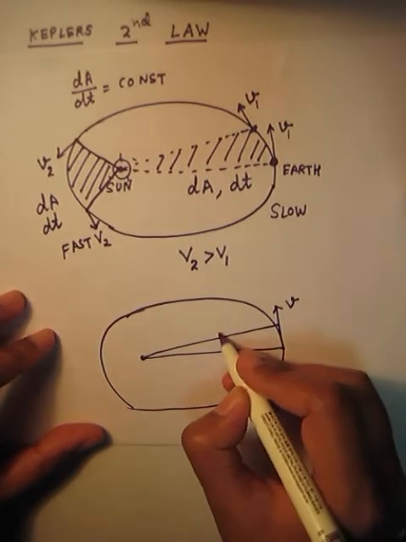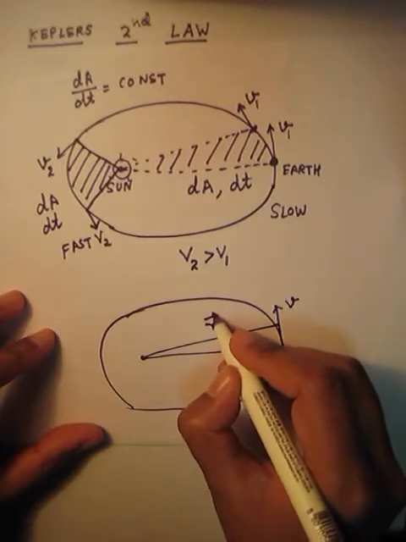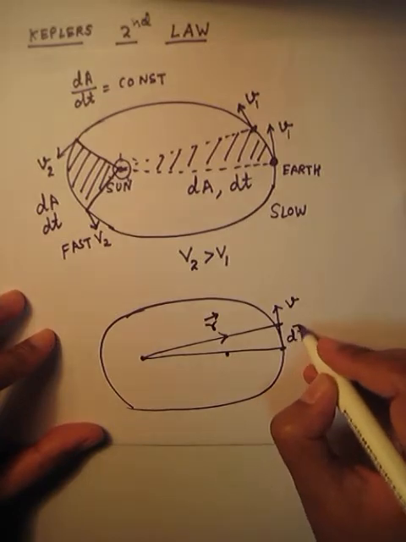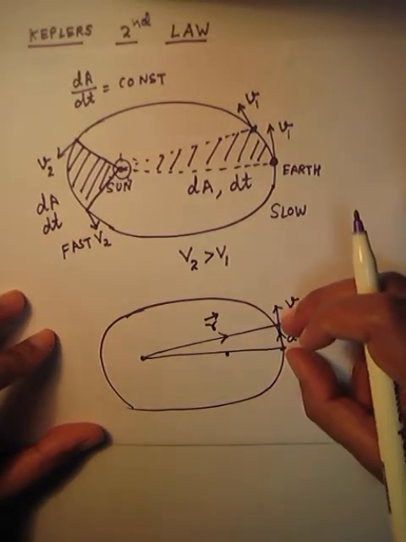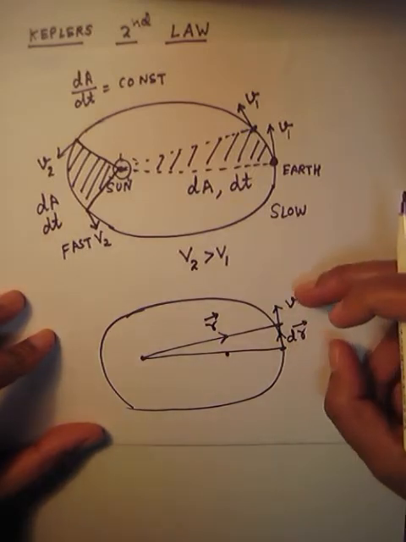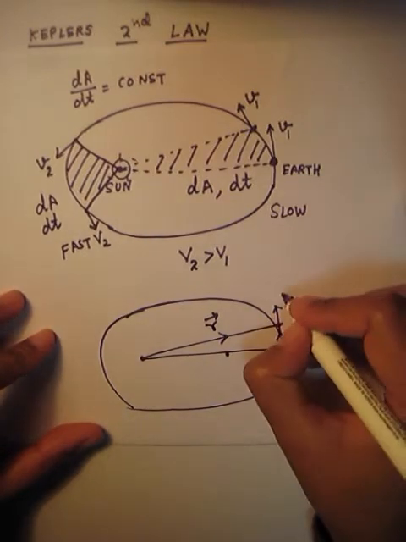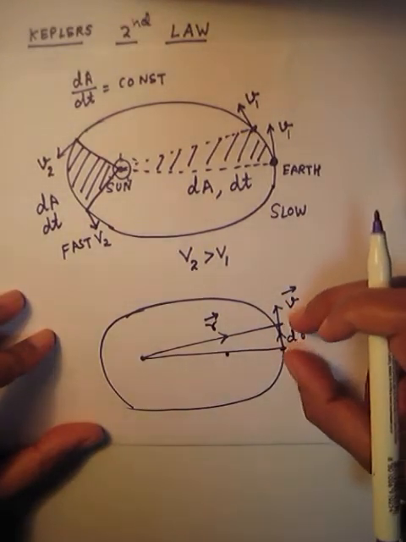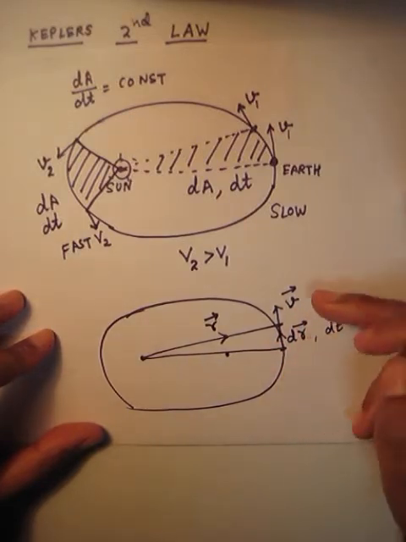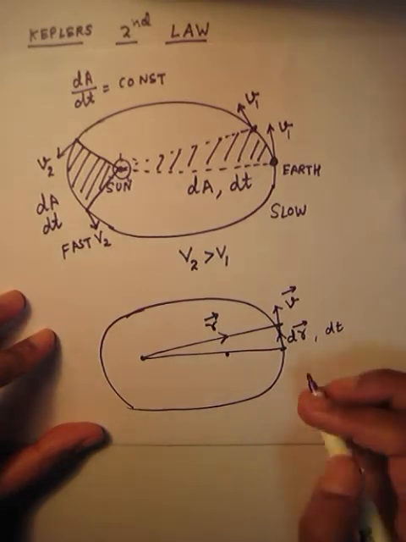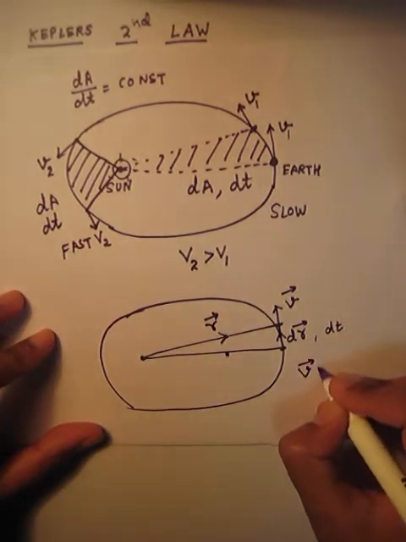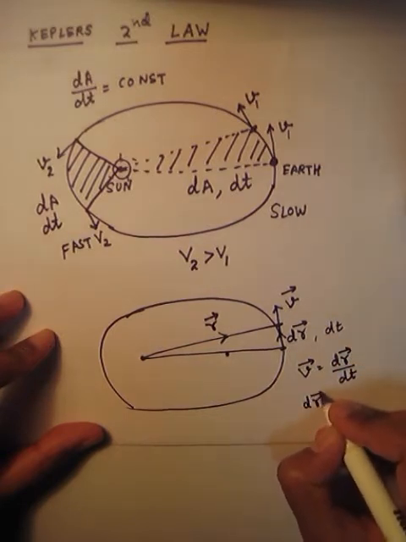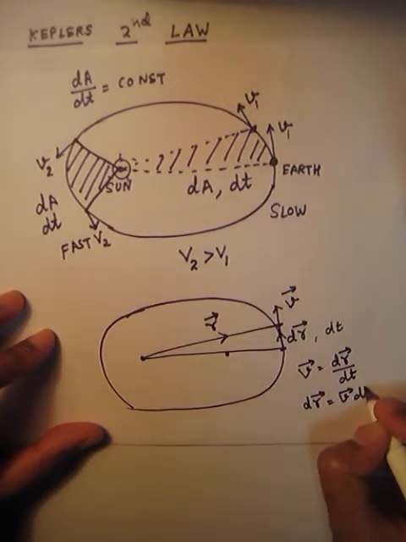Let this vector be the r vector, and this vector from here to here be the dr vector. The displacement between these two points is dr vector, it is traveling with velocity v vector, and the time it takes to reach this point is dt. So velocity vector will be displacement vector upon time, so displacement vector will be velocity vector into time.